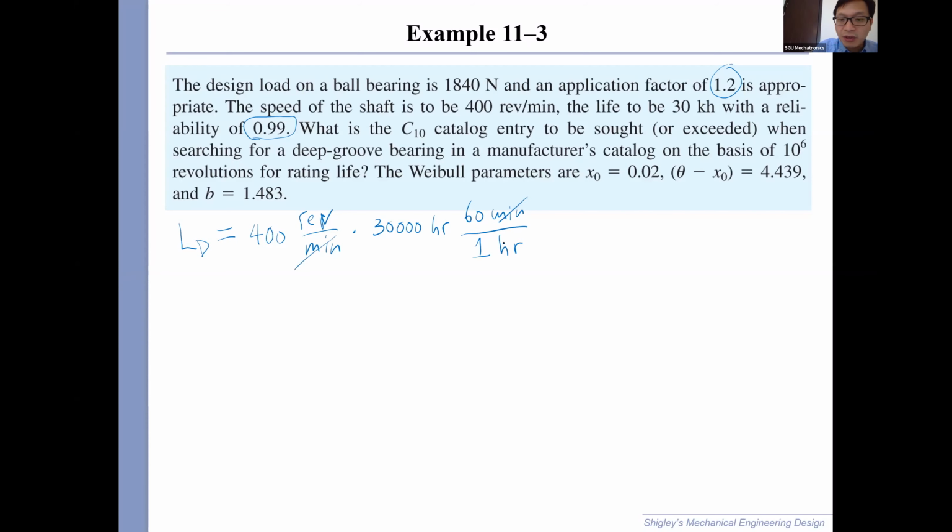That's how I was taught to do conversions, so you don't confuse yourself. That's 720 times 10 to the 6 revolutions, or 720 million. Remember we talked about this last week, that 1 million cycles is a pretty short lifetime, right? In 1 month, with just 8 hours of operation, you can easily exceed that.